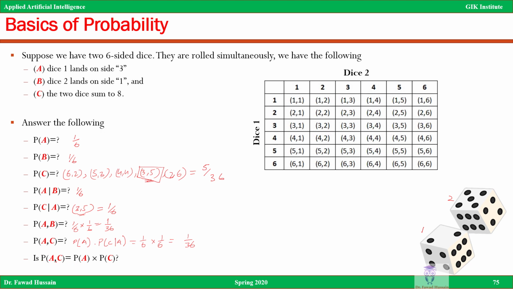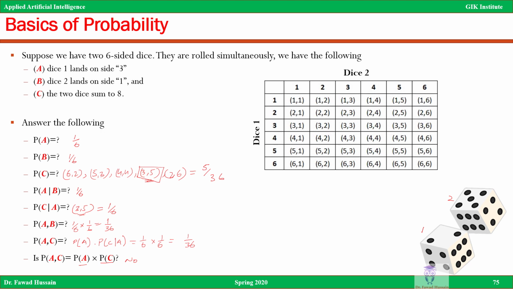Now, is the probability of A and C the same as the probability of A times the probability of C? And the answer is no, they are not. Why? Because C and A are not independent events. If A has occurred, then there's only one way C can occur. Otherwise, there are 5 ways in which C can occur.